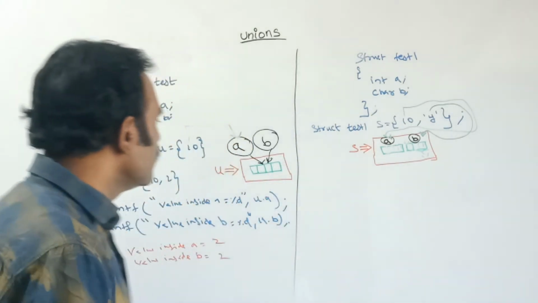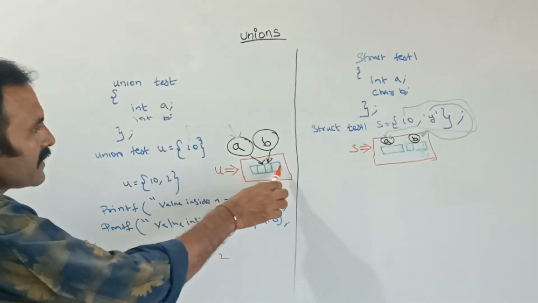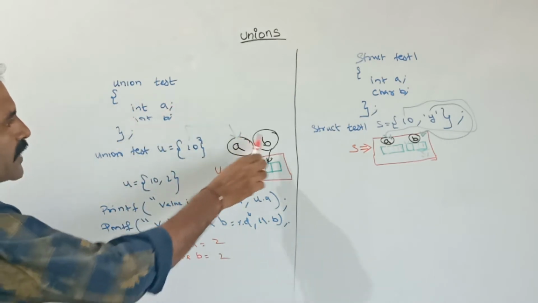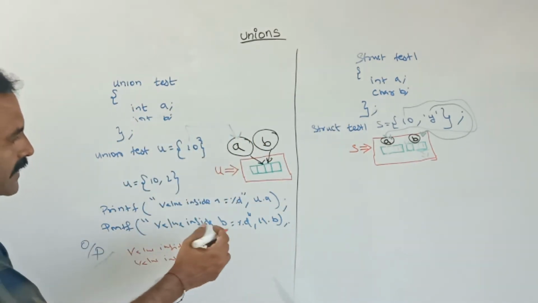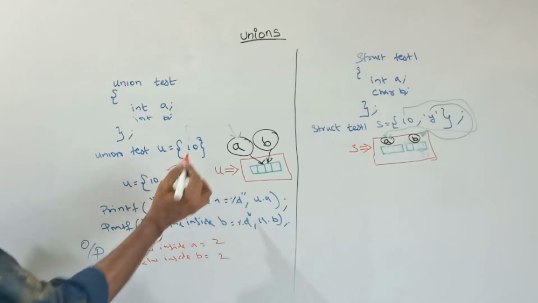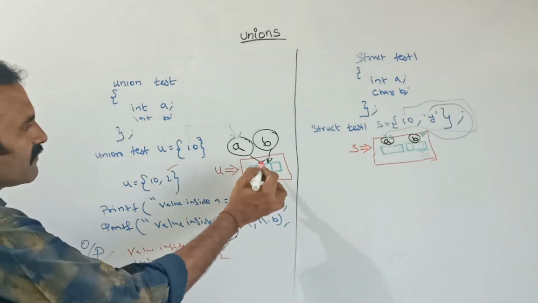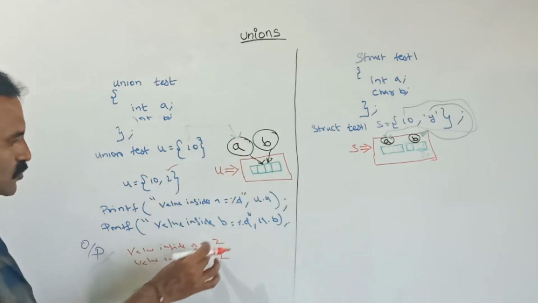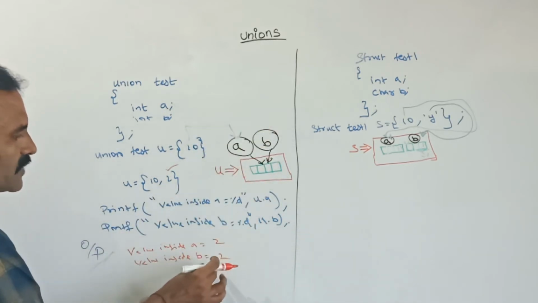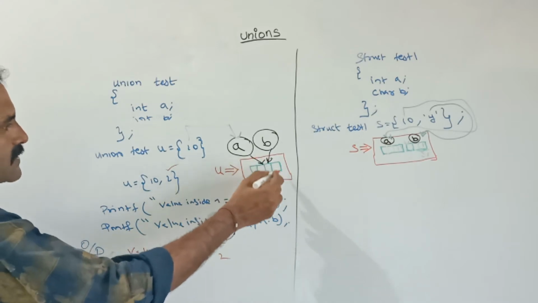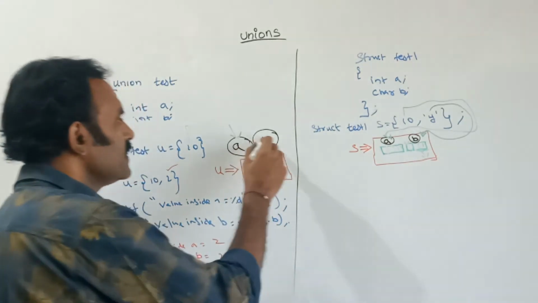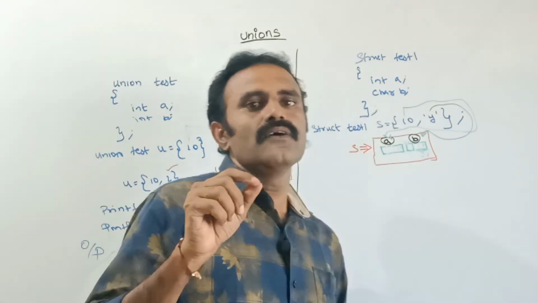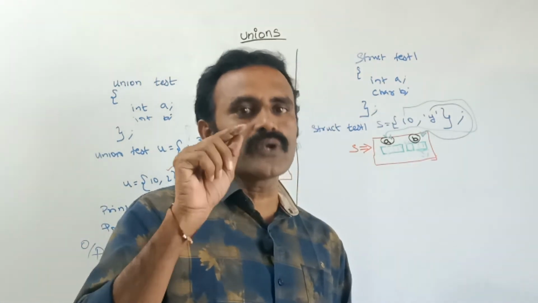As the same memory is used for both the union members, finally I had initialized the value 2. So the content in the memory is what will be displayed. The value inside a will show 2, inside b also it will show the value 2, as it is replacing the same memory space for each and every variable. What is the final value, that will be displayed. So we should initialize the value for any one of the members.